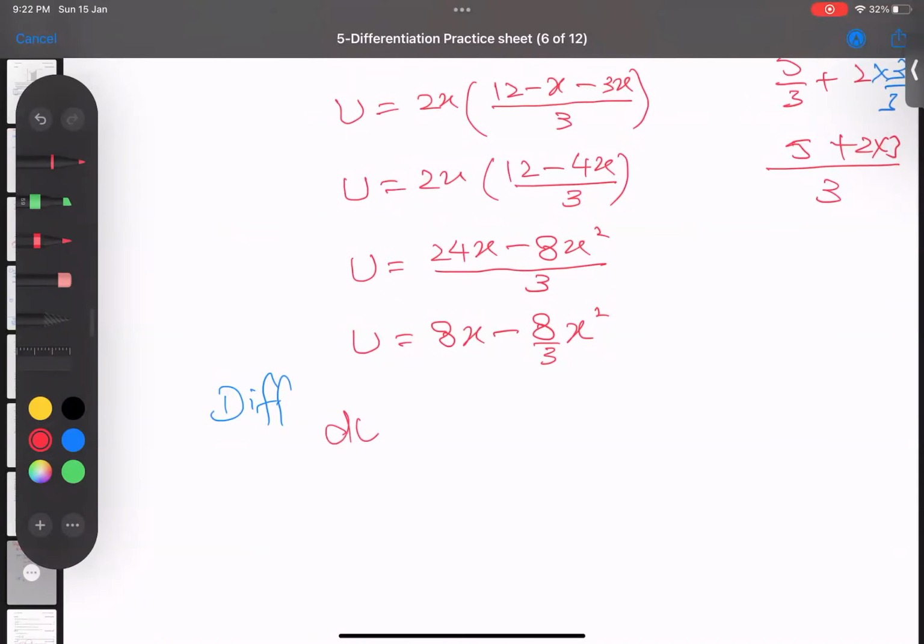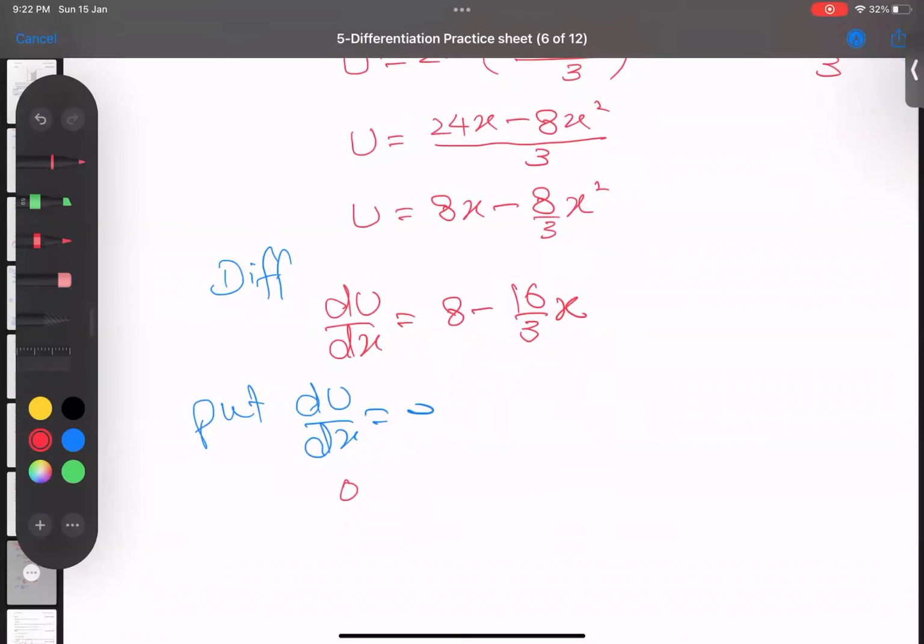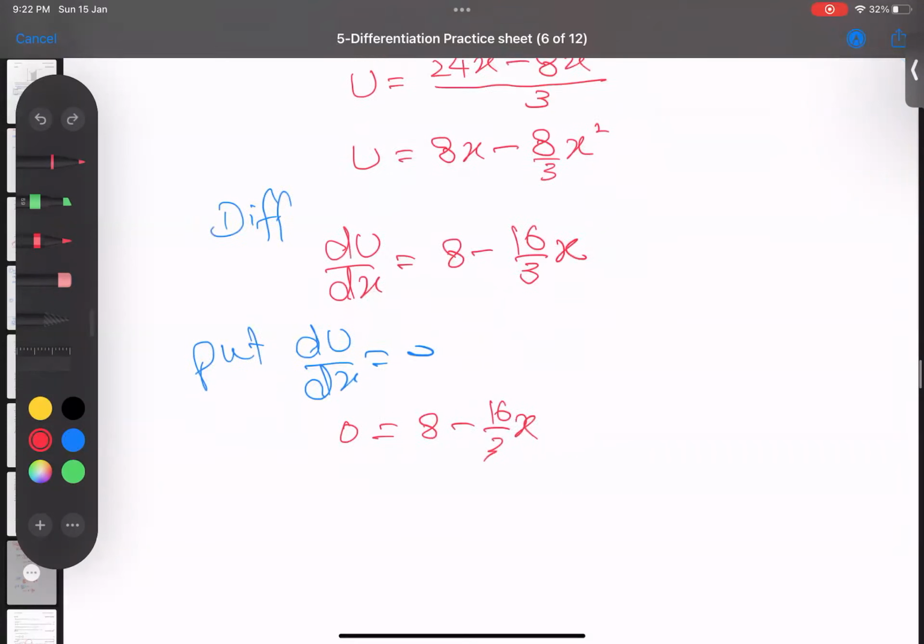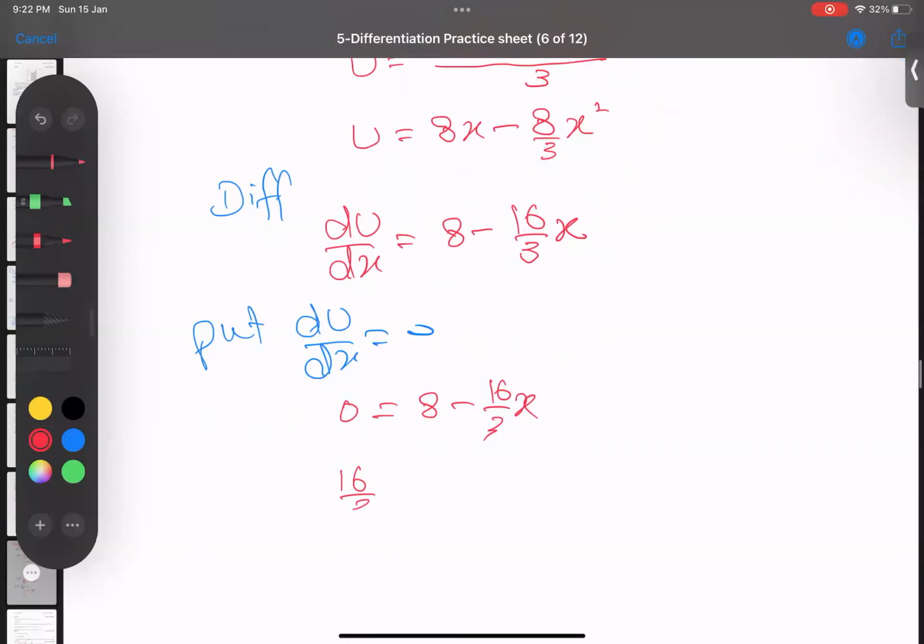So du over dx: the derivative of 8x is 8, and the 2 comes down and becomes 16 by 3, with the power one less. I have done the differentiation. I put du over dx equal to 0, so 0 equals 8 minus 16 by 3 times 2x, I mean 16 by 3 x. Bringing this whole thing to the left-hand side, it turns out 16 by 3 x is equal to 8.